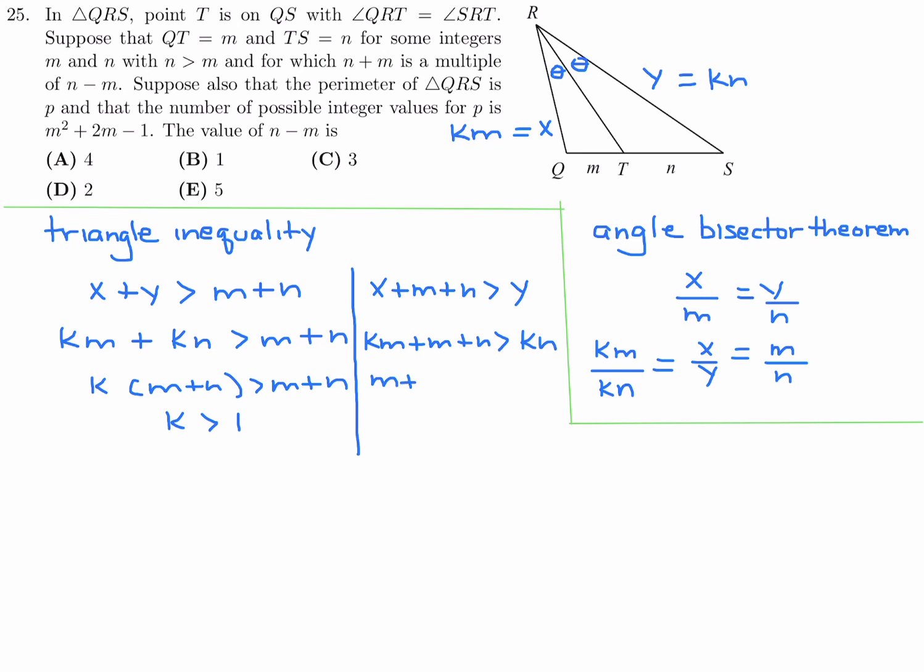So this becomes M plus N is greater than Kn minus Km, and I can factor out a K, and when I do, it will be N minus M, and I'll just bring that into the denominator. So K is less than M plus N over N minus M.